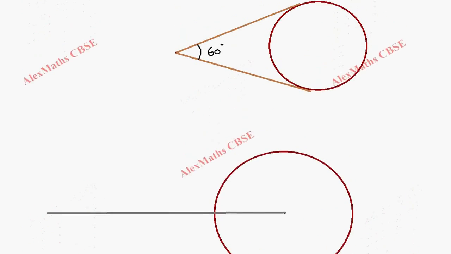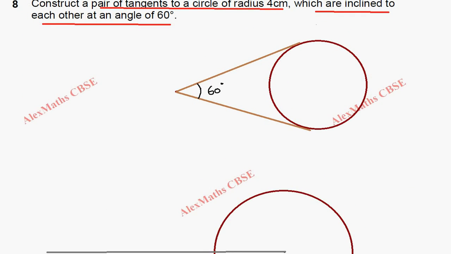Now if we see the rough diagram, here if we join this external point to the center, these two will become the radius, that is the meeting point of the radius and this tangent. We have here 90 degree, and these two triangles are congruent, so this half will be 30 degree and even this half will be 30 degree. That's why it is totally 60.